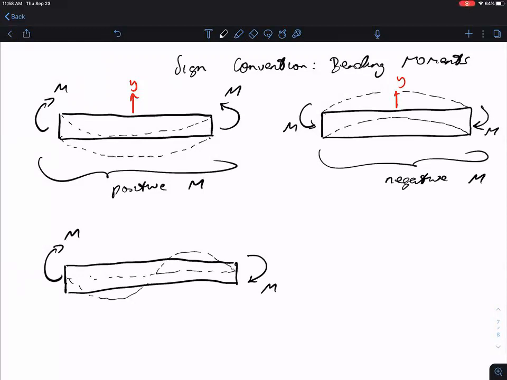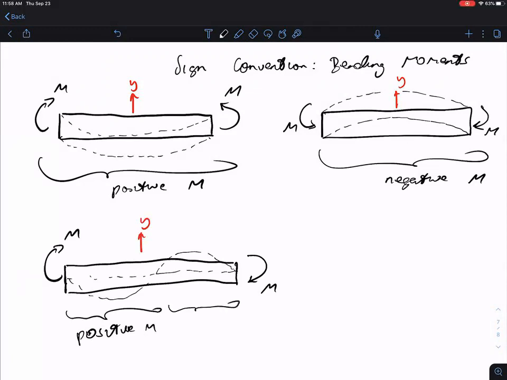So based on this, we see that in the segment on the left, you have bending that is concave upward or concave in the positive direction of the local y-axis. So this would be considered a positive moment.